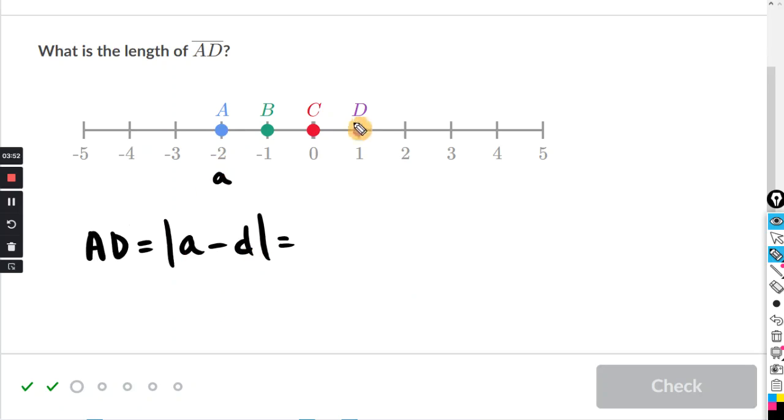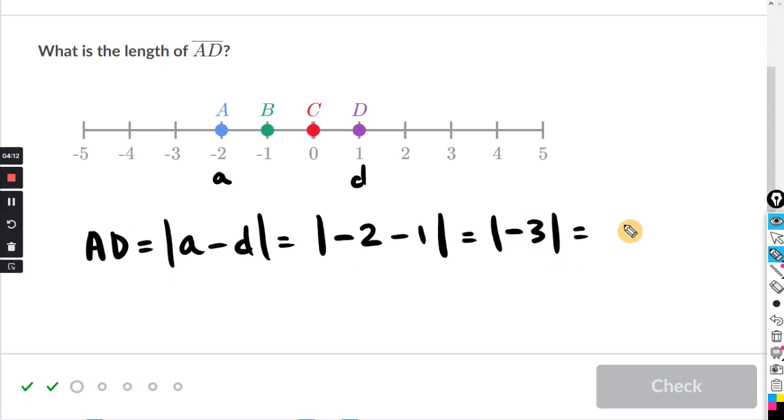And lowercase d is the number for point D, that's positive 1. So a minus d is negative 2 minus 1. And negative 2 minus 1 is negative 3. But if you take the absolute value, that will be positive 3.